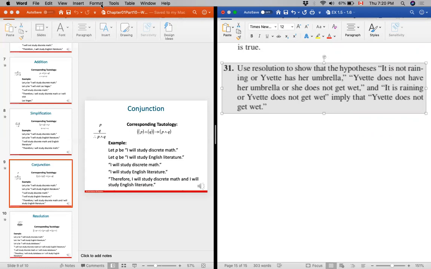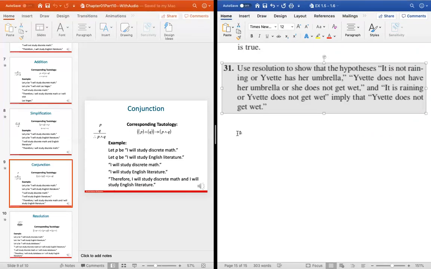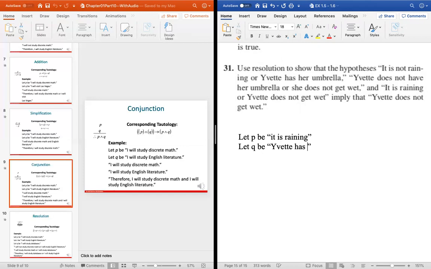Here we will represent this. Let P be it is raining. Let Q be she has her umbrella.